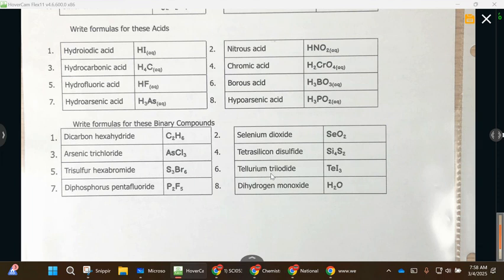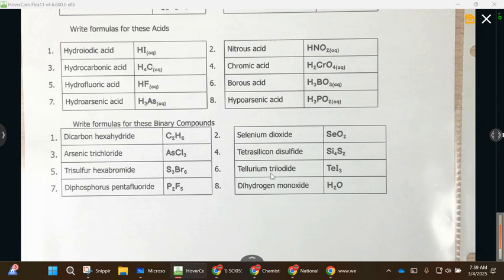Even a binary acid ends in ic acid, but it begins with hydro. So hydroboric acid, hydrobromic acid, hydrochloric acid. Correct. A hydro tells you it's binary.